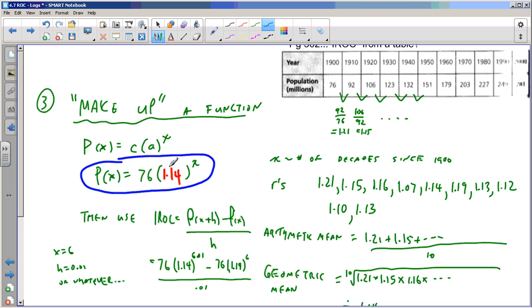Well, how much am I going up by? Well, I could calculate all of the rates of change. So this population divided by this population gave me a growth percentage of 1.21, which meant 21% from that decade, 15% in that decade, and in fact, I went ahead and did them, and I found all these rates.